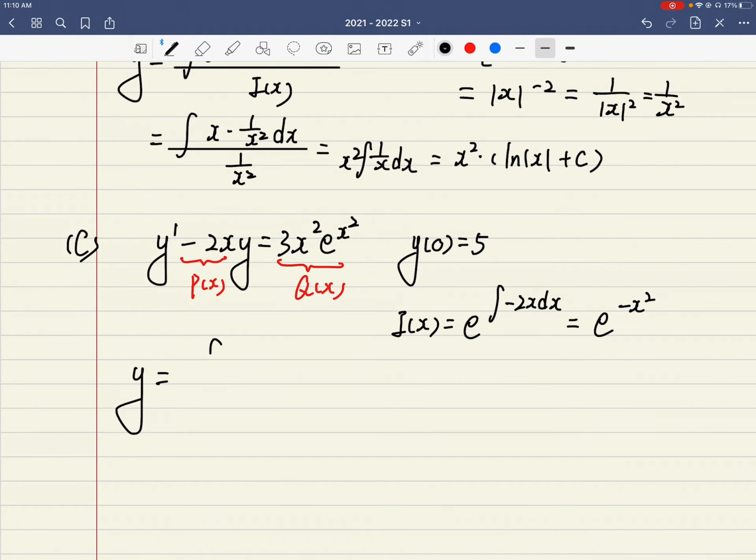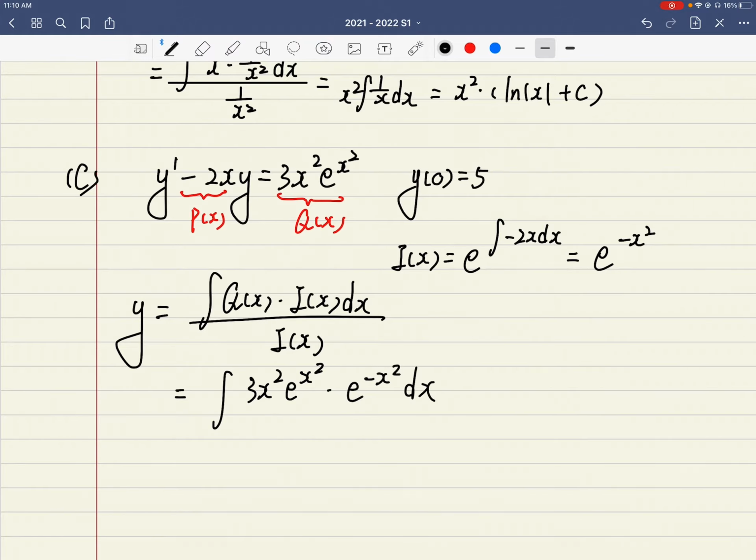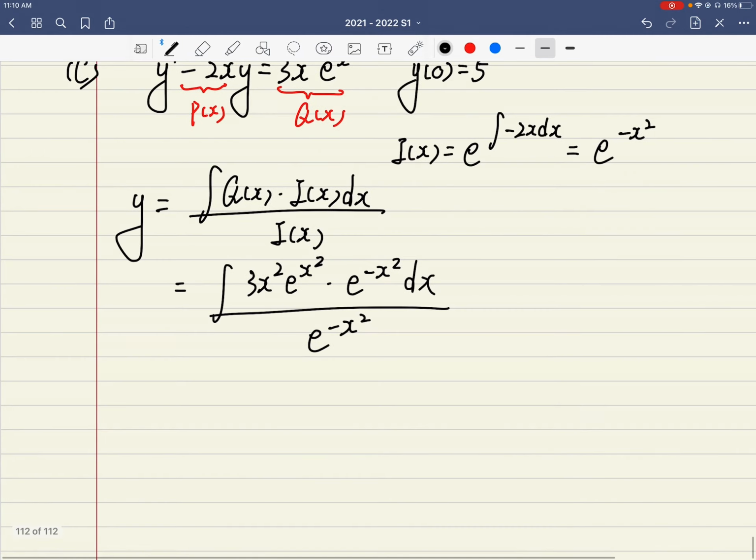Right, then y, it's going to be integrate q(x) times I(x) over I(x). Right, so q(x), copy it down. I(x) is e to the power of negative x squared, and over e to the power of negative x squared. Okay, so here at the top, you can see these two parts, the product is 1.